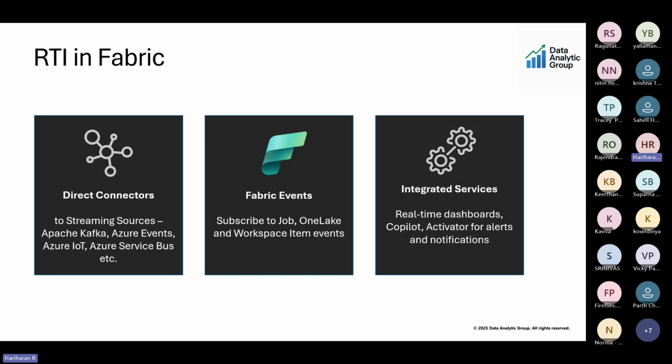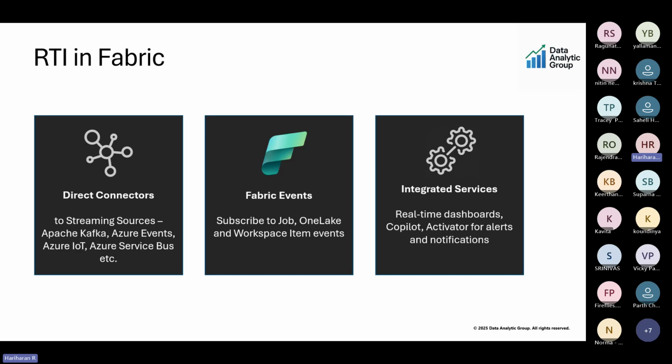I'll quickly show you some of these connectors, and then Fabric events, like what I was saying. You can create alerts, or stream events from the jobs which you scheduled, maybe notebooks or pipelines, and OneLake events if any file is created, deleted, or edited, and workspace item events, like any object getting created in a workspace. Those sorts of events are considered streaming events, and you can easily go and subscribe.